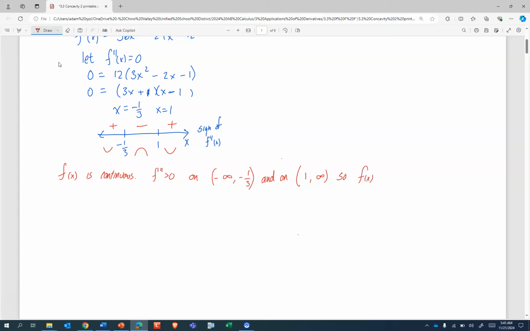So f is concave up. I could say on those intervals, but I think I'm just going to restate those intervals. Remember, with concavity, always open endpoints. F double prime is less than 0 on negative 1/3 to 1. So f is concave down on negative 1/3 to 1.